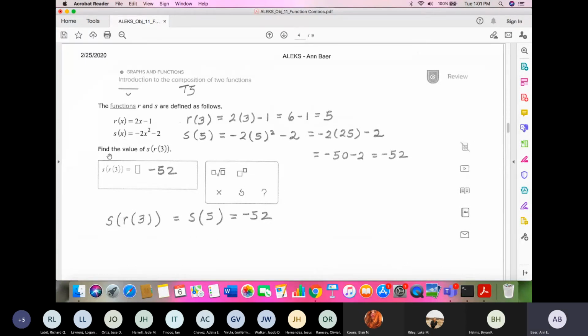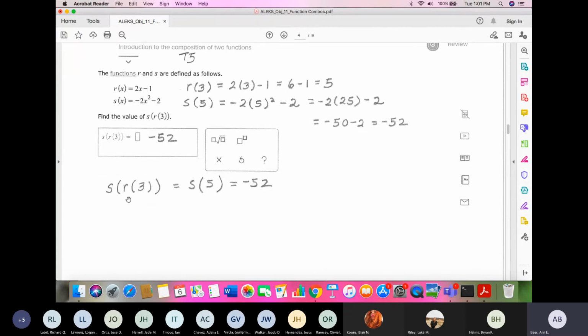So we want to find the value of this. I wrote it down here. First, you want to go inside, to the innermost parentheses first, according to PEMDAS, Please Excuse My Dear Aunt Sally. There's nothing to do with just 3, so we're looking at R of 3 here. What's R of 3?